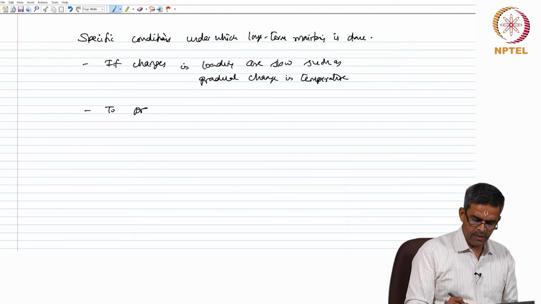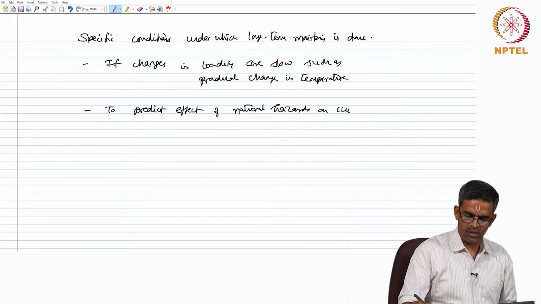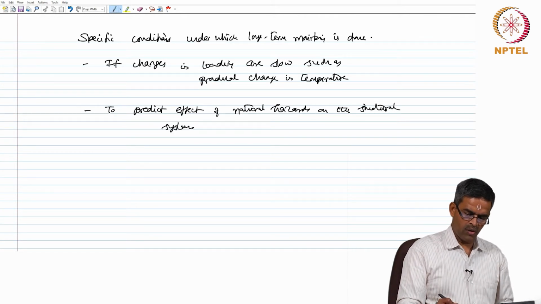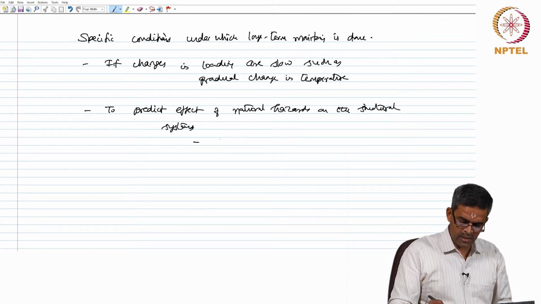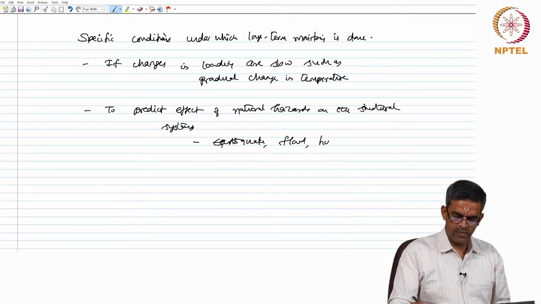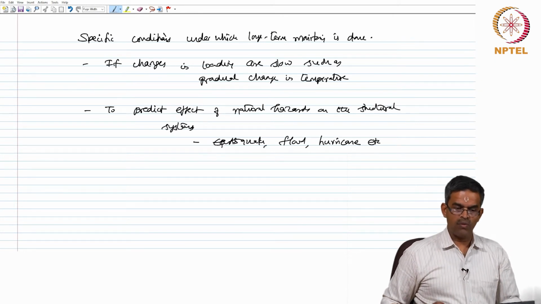In order to predict effect of natural hazards on the structural systems, one should go for long term monitoring. For example, we want to find the effects of earthquakes, floods, hurricane, etc., then one should monitor the health of the structure over a continuous period of time.